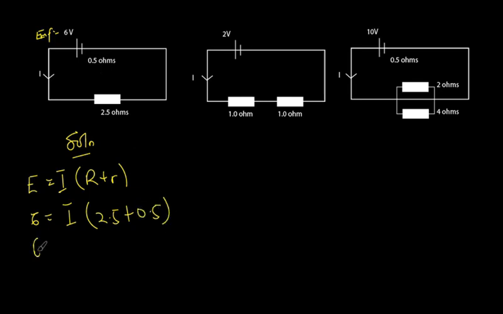So we have 6 is equal to I times 3. We divide both sides by 3, then we get our current to be 2 amperes. So in this example the current flowing through this circuit is 2 amperes. Beautiful. Let's have a look at the second example.